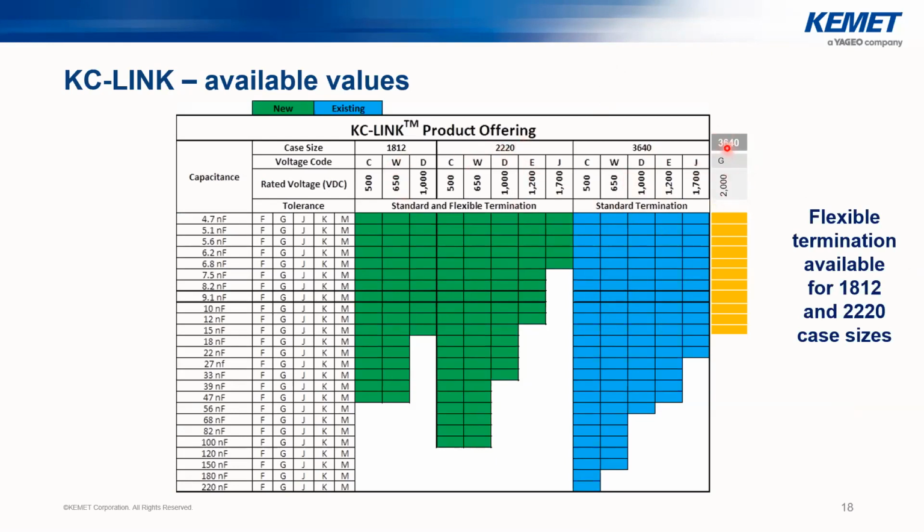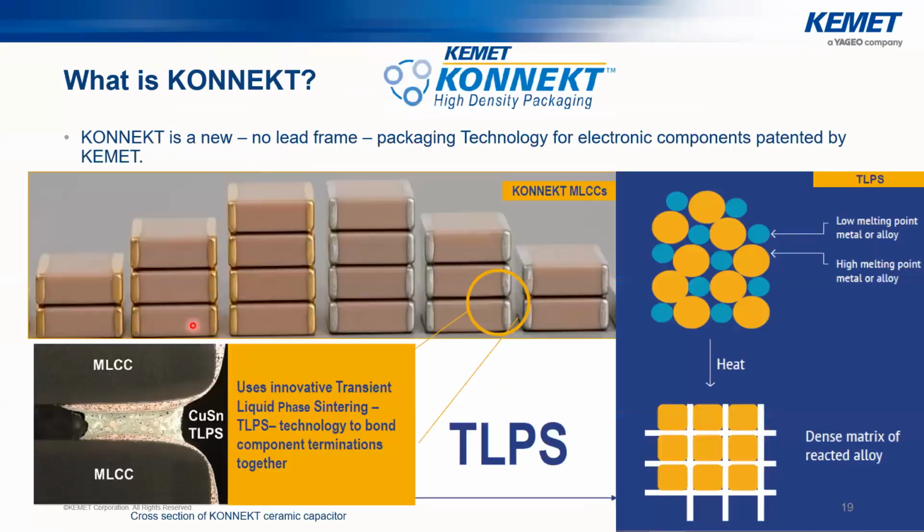And lately, towards the end of last week, we have released the 2000 volts in 3640, which is really aligned with what we see from the power modules, the voltages required for the second-gen power modules. Here we see the capacitance value that we can get, and what of course you may notice is that the low capacitance value that we can reach.